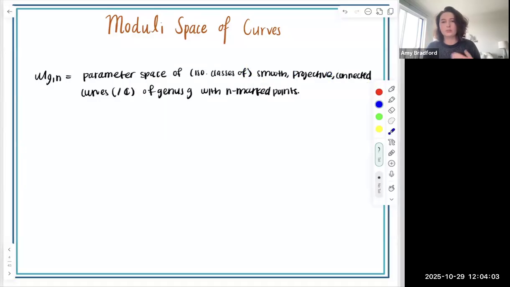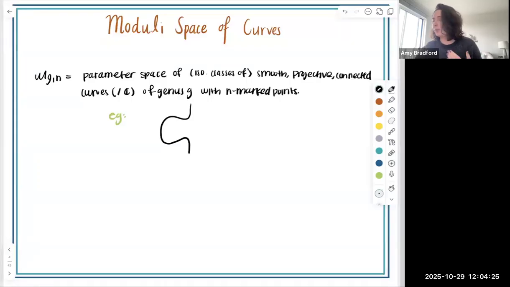So we're taking nice, smooth, connected curves, and then let me explain what the genus and the marked points mean in just a second. Let me draw an example. The curve is going to be this one-dimensional variety, something built out of polynomials, but it's exactly what we think of when we hear the word curve.